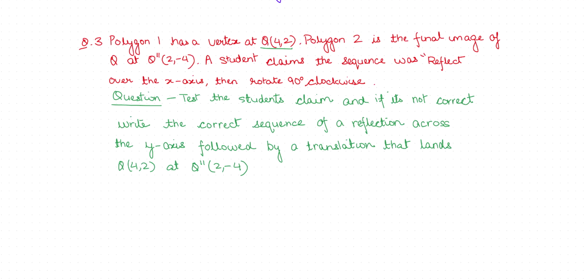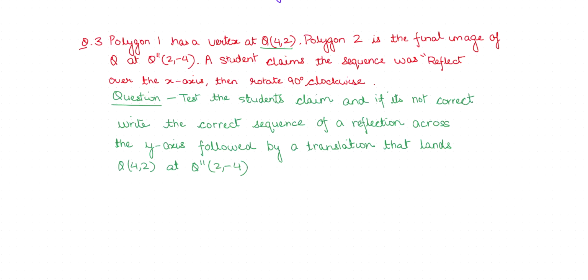A student claims that the sequence was reflect over the x-axis and then rotate 90 degrees clockwise. The question here is to test the student's claim, and if it is not correct, write the correct sequence: reflection across the y-axis followed by a translation.